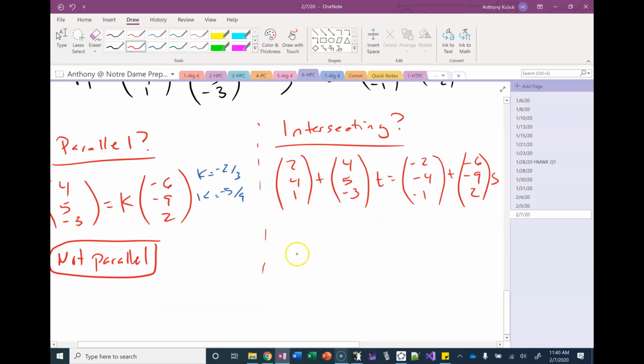So this, I can create a system of three equations. Everybody okay there?